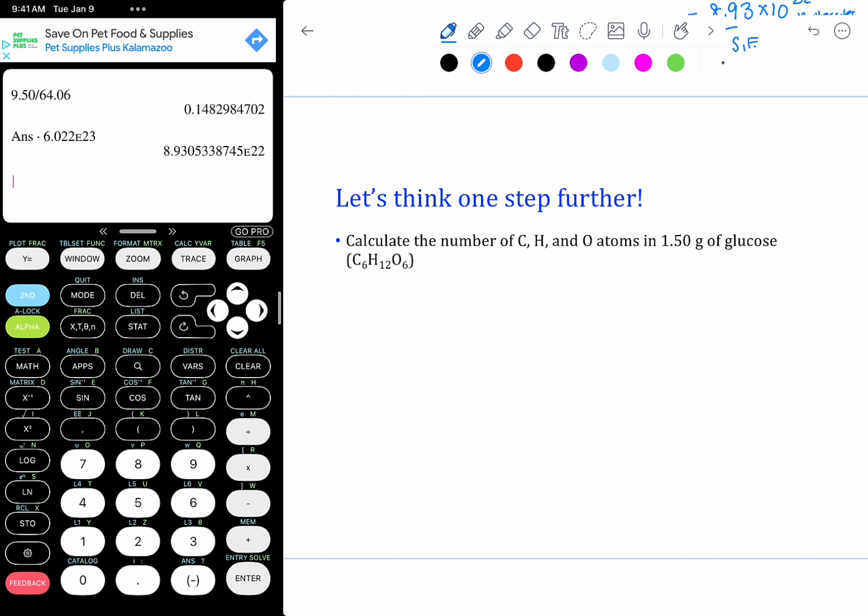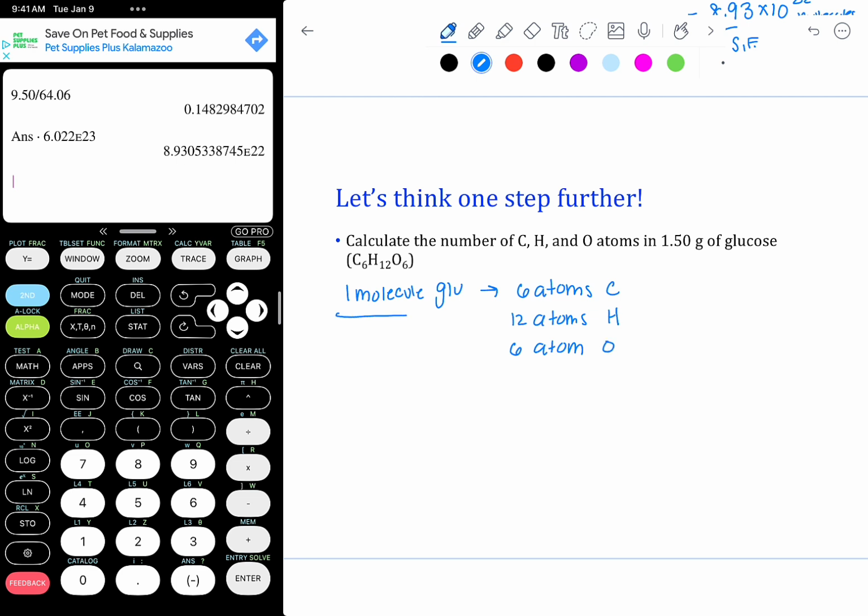So this takes a little bit of thinking because in 1 molecule of glucose, which I'm just going to write as GLU, there are 6 atoms of carbon, there are 12 atoms of hydrogen, and 6 atoms of oxygen.